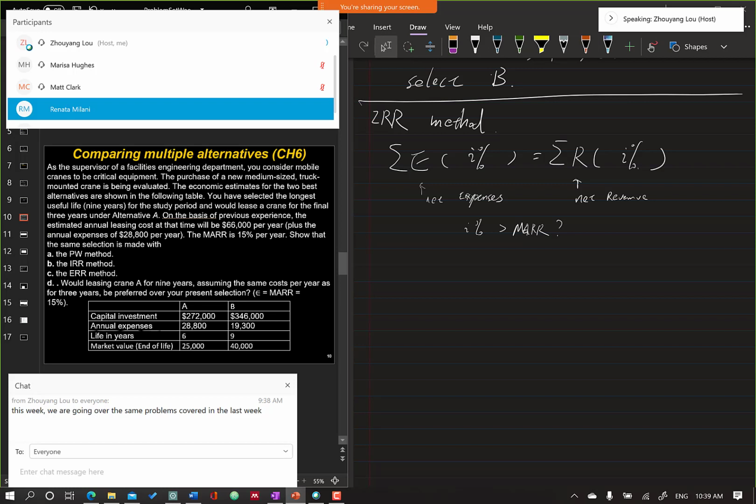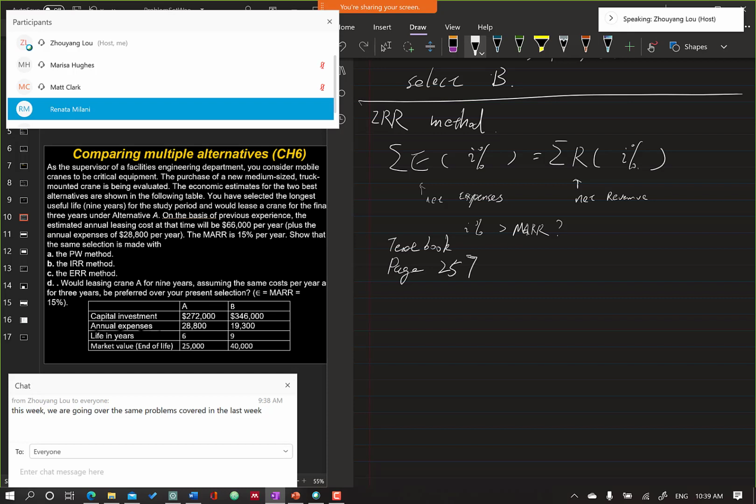If you have your textbook with you, I think on textbook page 257 there is content explaining how to use this method to solve this kind of problem in greater detail.